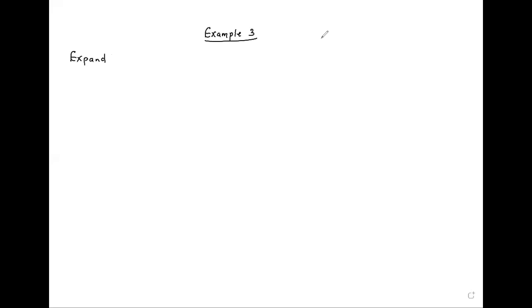Wait, before we move to example 3, the last part when you were talking about, you used one which was... So I can hardly get you. What is this?